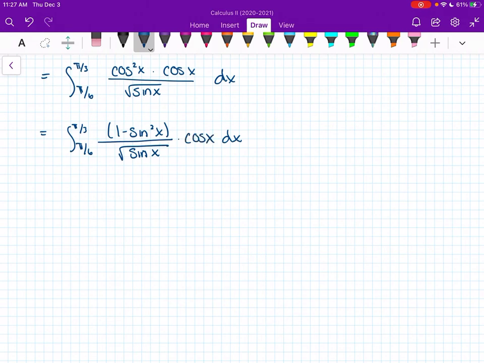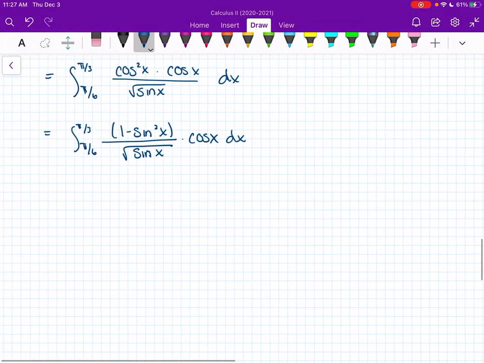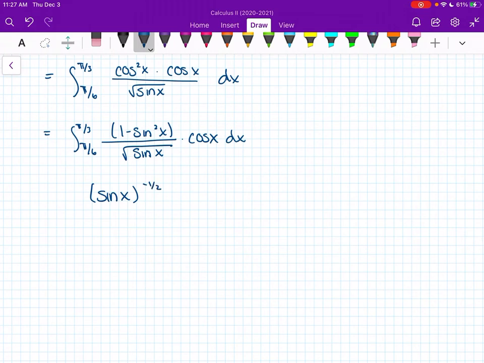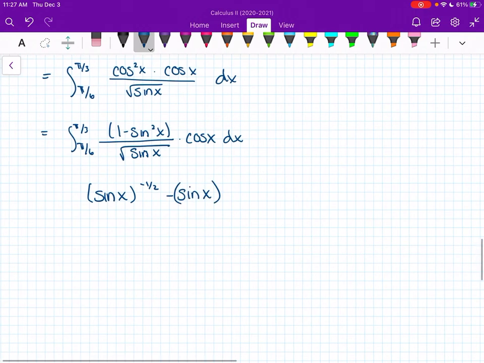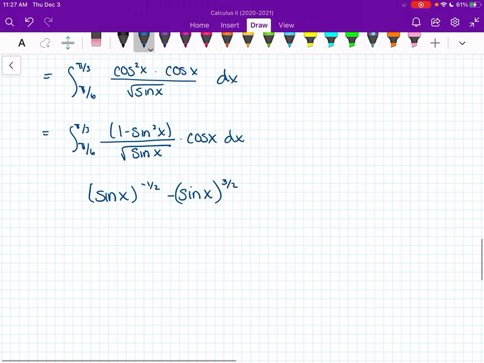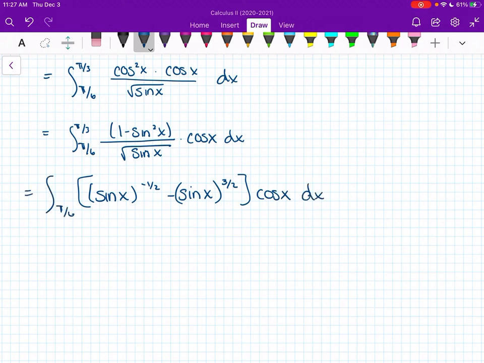I'm dividing 1 by square root of sine x, so I get sine x to the negative 1/2. And then sine squared divided by sine to the 1/2 gives me sine to the positive 3/2. And all of that is being multiplied by cosine x. Add my bounds and my integral here.